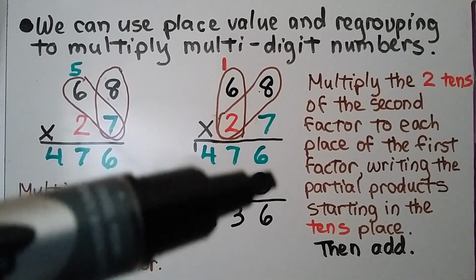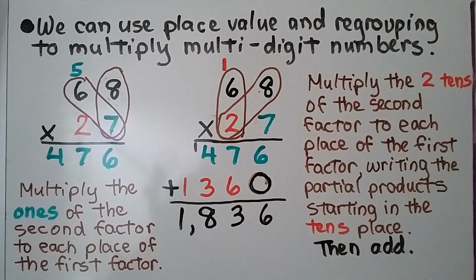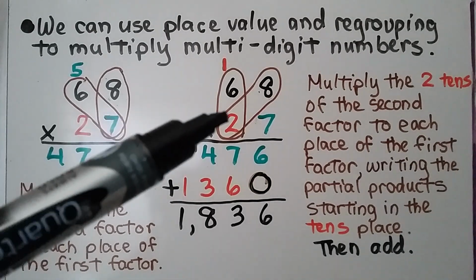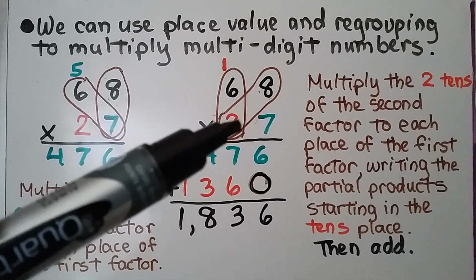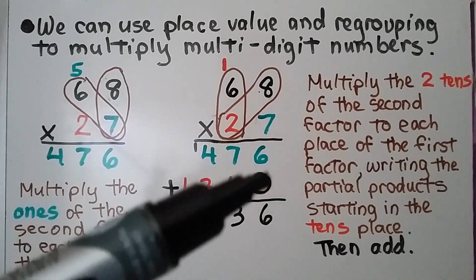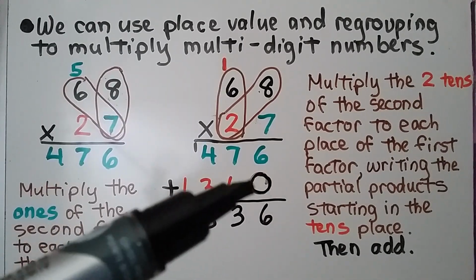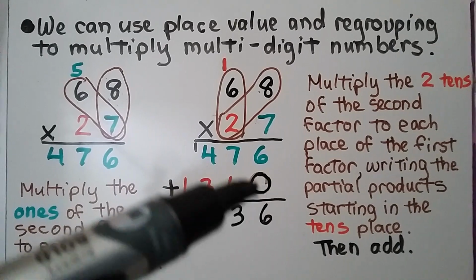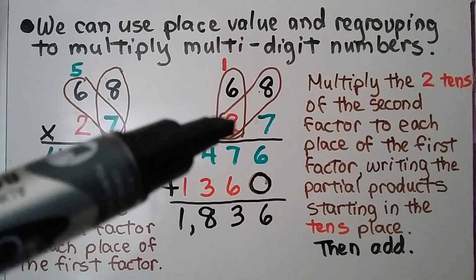This is going to be a 0. It's always going to be a 0. We can look at it as 20 times 8. That would be 160. So we would regroup the 100 and put the 60. See? But we can also just put a 0 there and think 2 times 8 is 16.